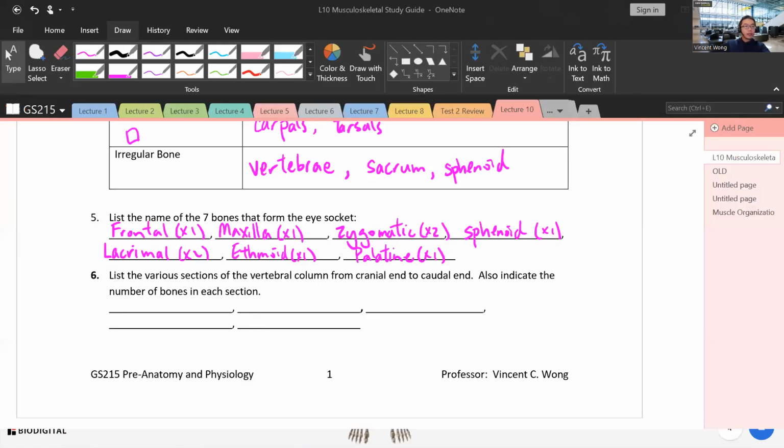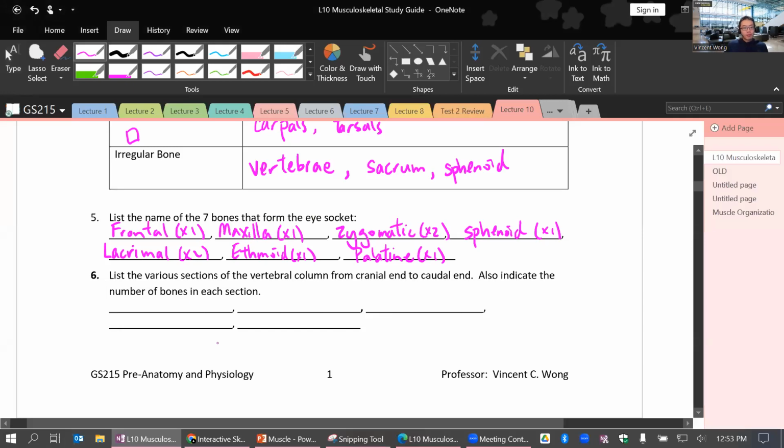Let's see, how do we go back here? All right, so list the various sections of the vertebral column. We have the cervical, times 7. C1 and C2 are atlas and axis, followed by thoracic, times 12. And we have the lumbar, times 5, L1 to L5.